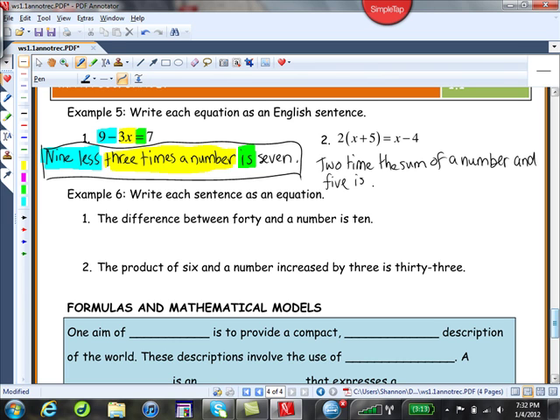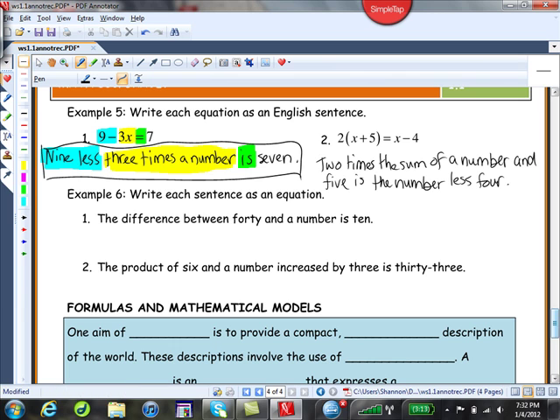Is a number. Actually, we should probably be specific because it's the same number. So we should probably say is the number less 4. So let's match it all up.